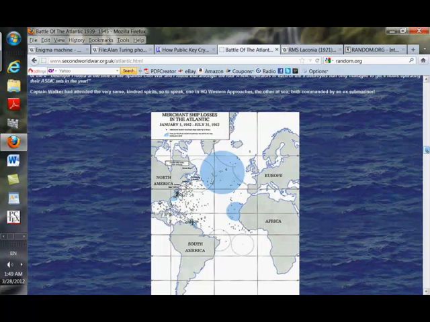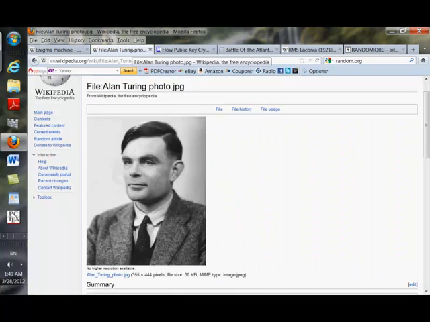So the battle was broken because at some point a great mathematician, Alan Mathison Turing, after receiving some initial input from the Polish code breakers, managed to break the Enigma machine.